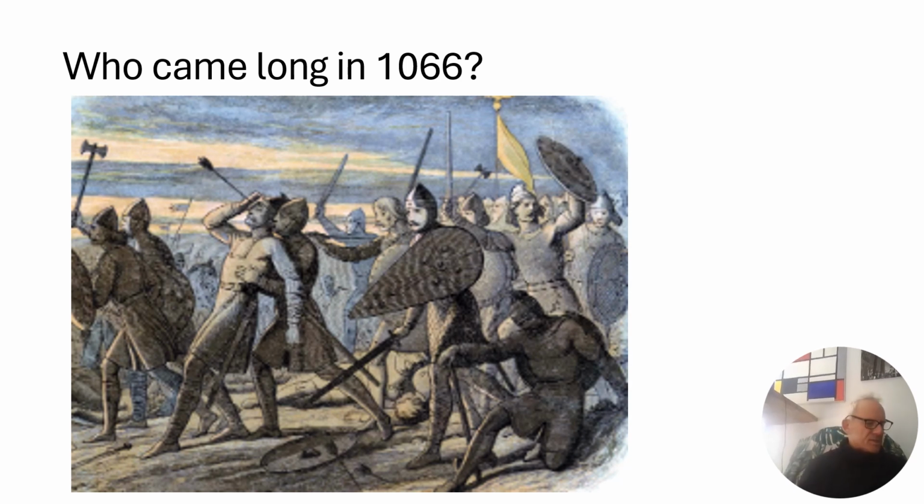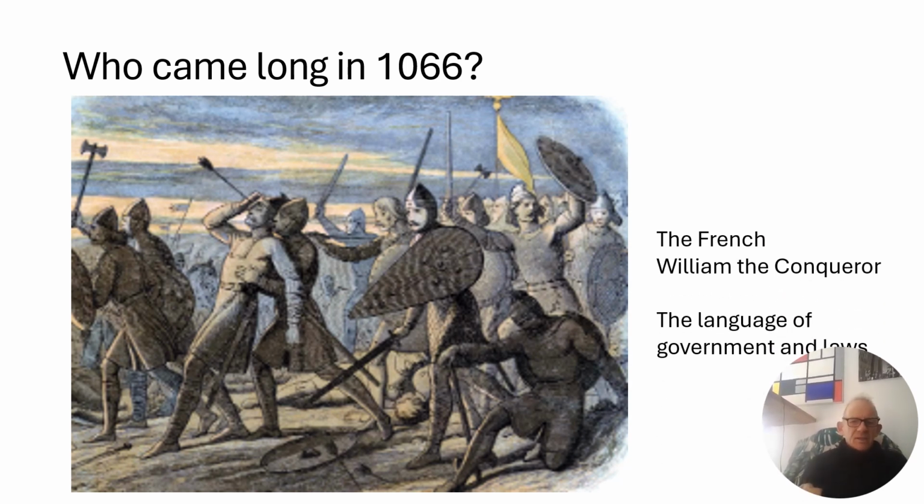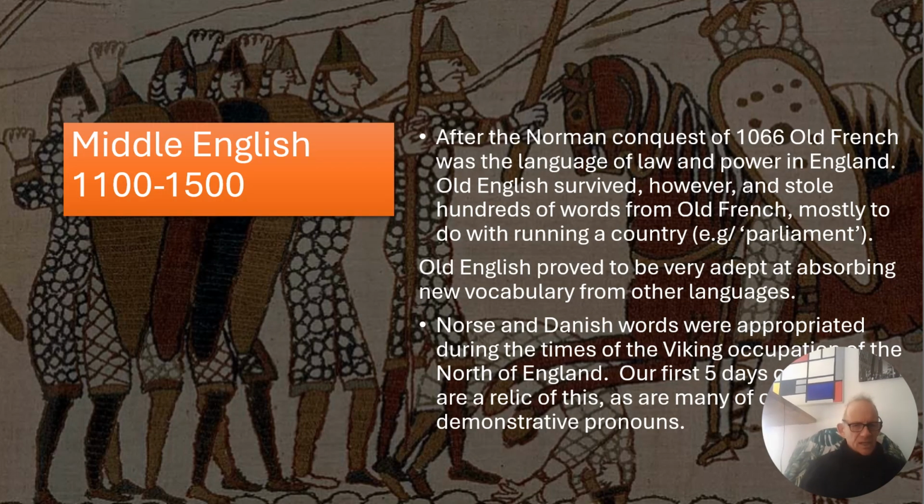Well, who came along in 1066? It was the French, of course, and William the Conqueror and the language of government and laws. So that's why we say from 1100 onwards, we get the Middle English. 1100 to 1500, the Norman conquest of 1066. Obviously, a strong influence of French on the English vocabulary.